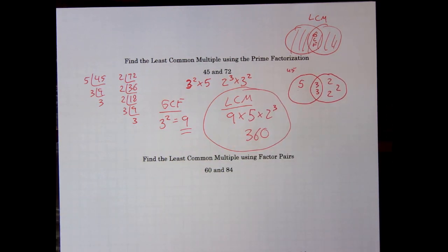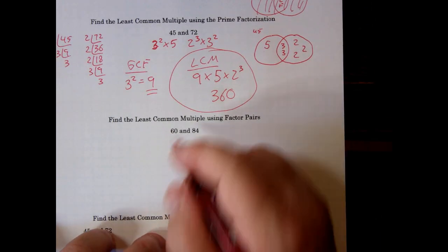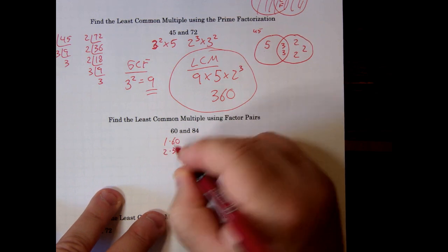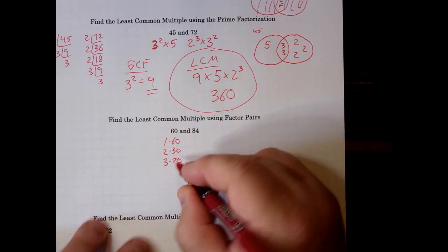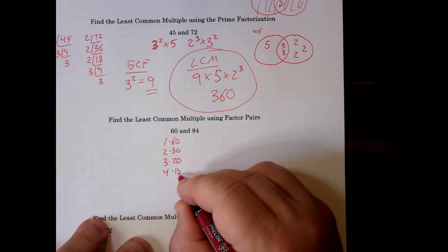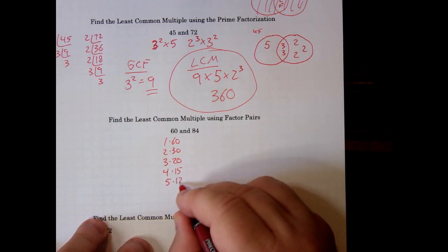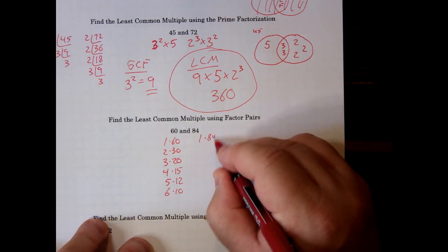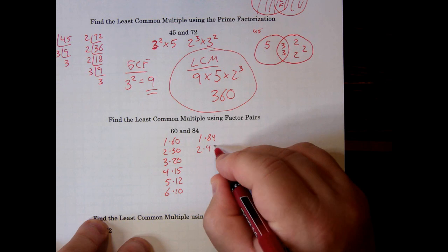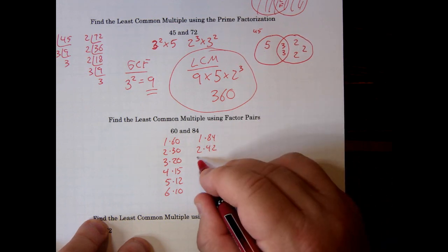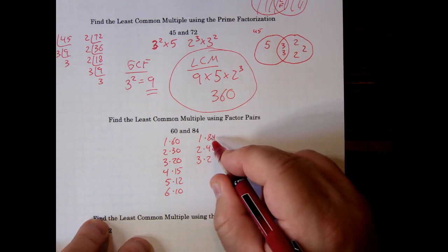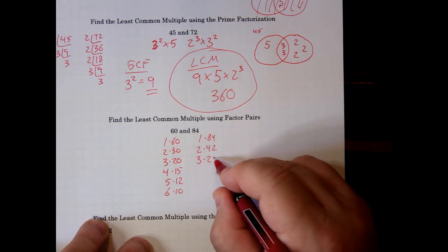Using prime factorization. If you use factor pairs, 60 is 1 and 60, 2, 30, 3, 20, 4, 15, 5, 12, 6, 10. 84 is 1 and 84, 2 and 42. 3 works. 3 would go twice, leaving 24, which is 8. 4 works.